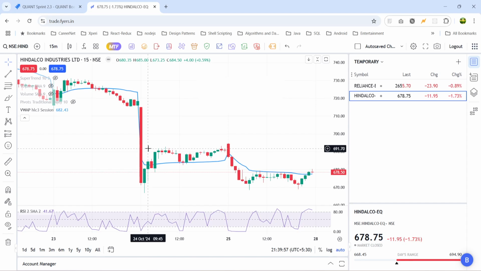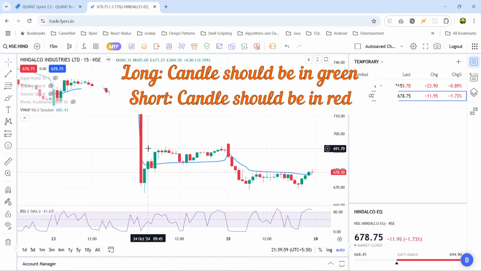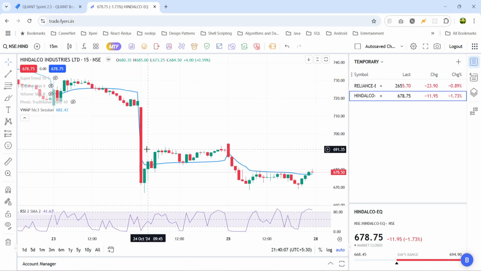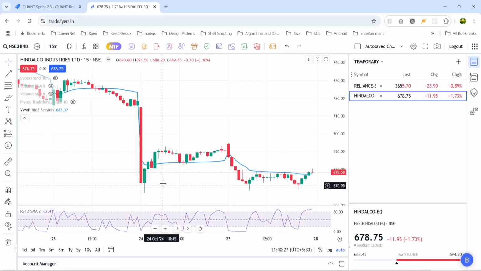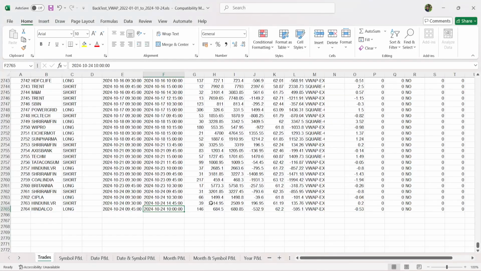One more thing I forgot to tell: the candle should be green while taking the long trade, and the candle should be red while taking the short trade. In this case, the candle is green and closed above the Vwap line, so we took the trade on this closing, 684.5. If you look at the same value here, right? The trade ended on the 10 o'clock candle that closes at 10:15. So the immediate next candle itself resulted in the exit of the trade, at closing 680.85. So this trade made a loss.